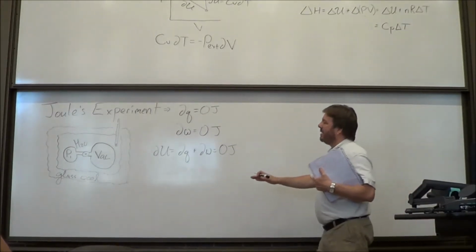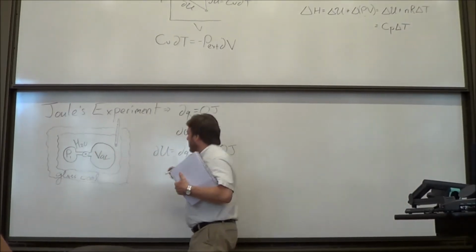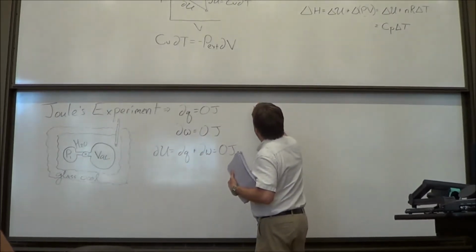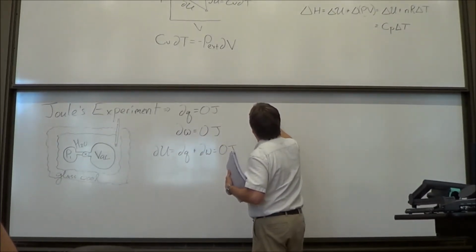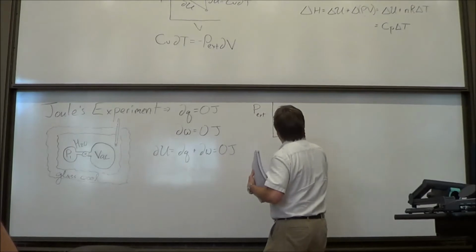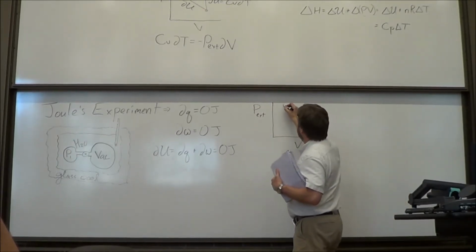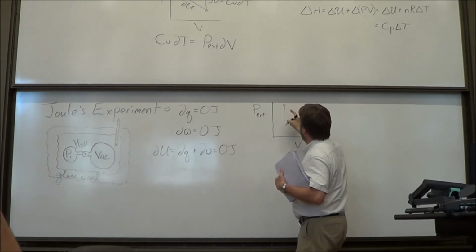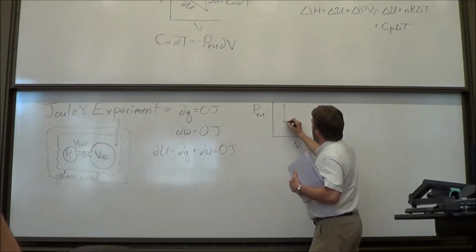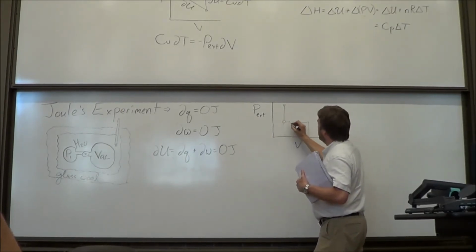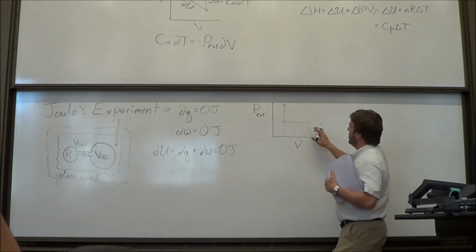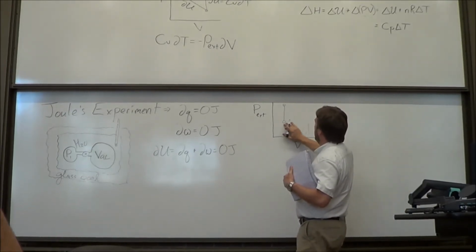Okay, now in case you were not sure about this expansion into the vacuum, I like to try to help the graphical people. Remember that we looked at P versus V originally for work, and I showed you how in an expansion, you drop from a high pressure to a low pressure, and then you expand, and how integrals are, of course, areas under the curve, and minus that area is the work.